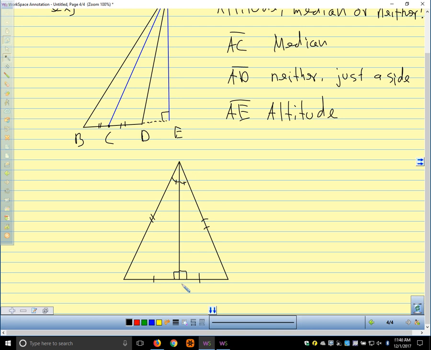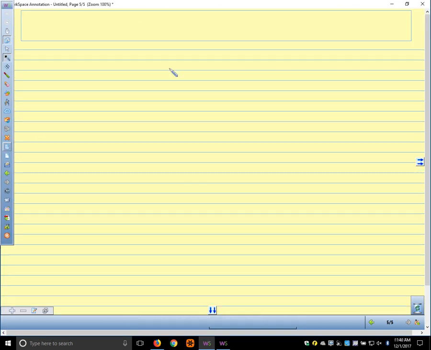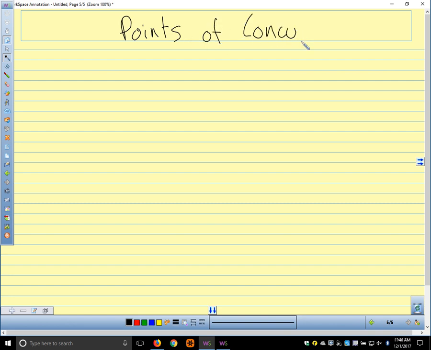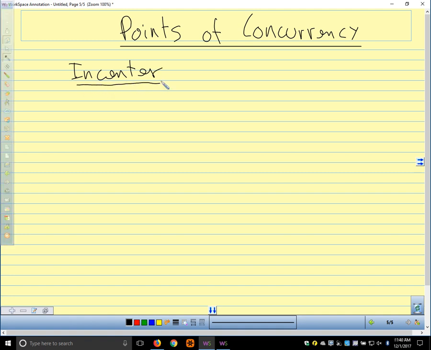All right, let's summarize our points of concurrency in a triangle. So yesterday we talked about the in-center. And which segments intersect in the triangle, which segments give us the in-center.